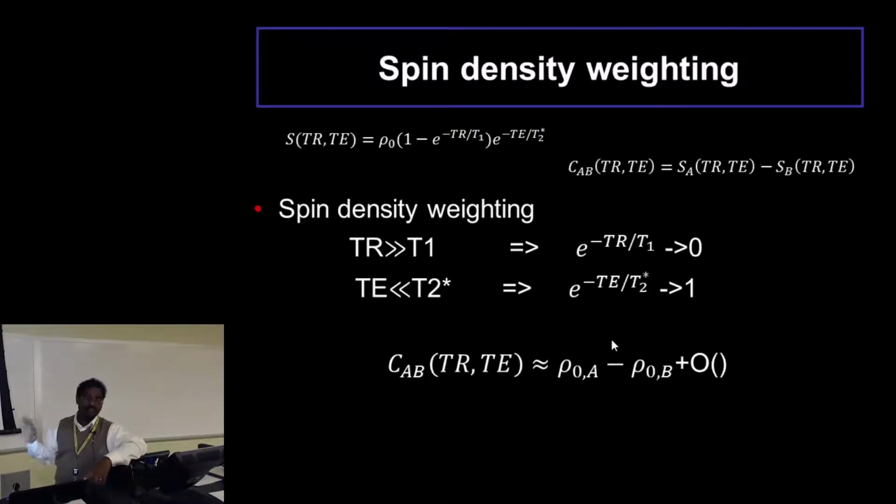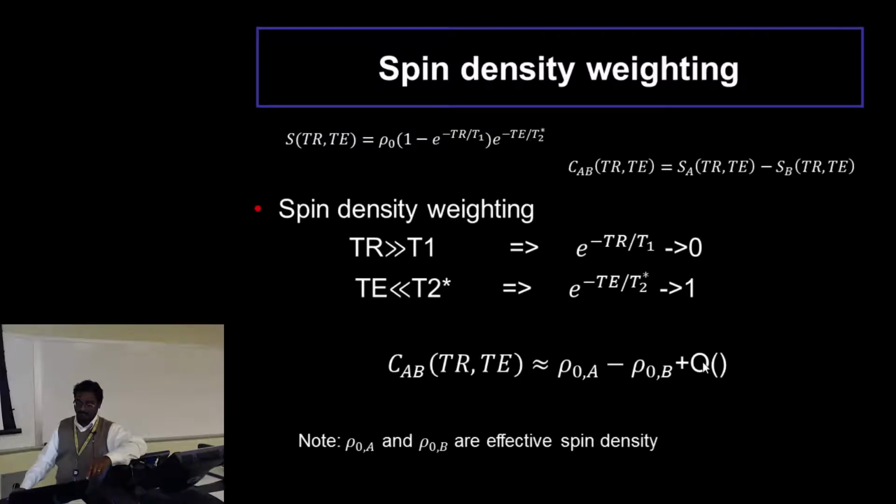Not zero, but negligible. So it all depends on how well you're meeting these criteria. If you're not meeting those criteria, then of course this term will be significant, and hence your spin density weighting is going to deviate from what you intend it to be.